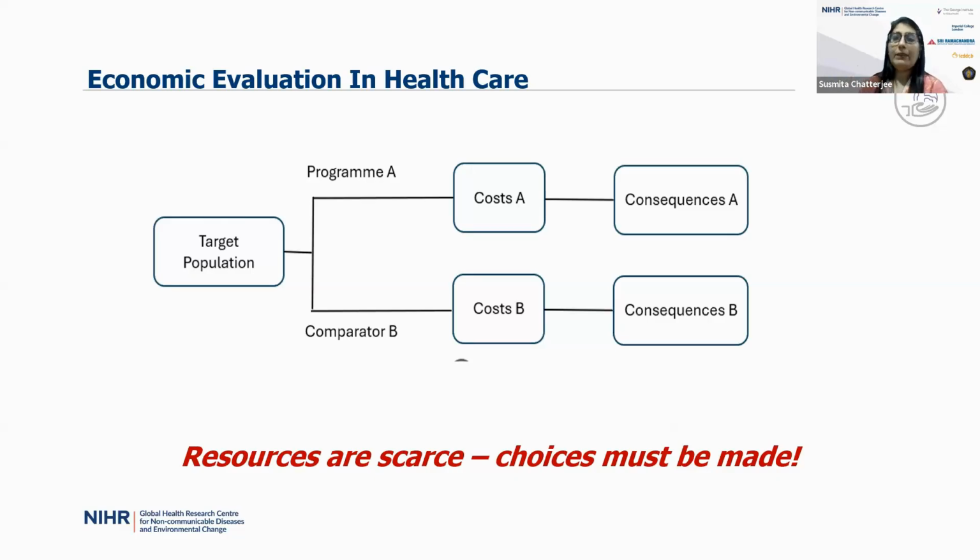Now, I believe that at the end of today, the participants will have a very clear idea about what health economic evaluation does and how the different economic evaluations differ.